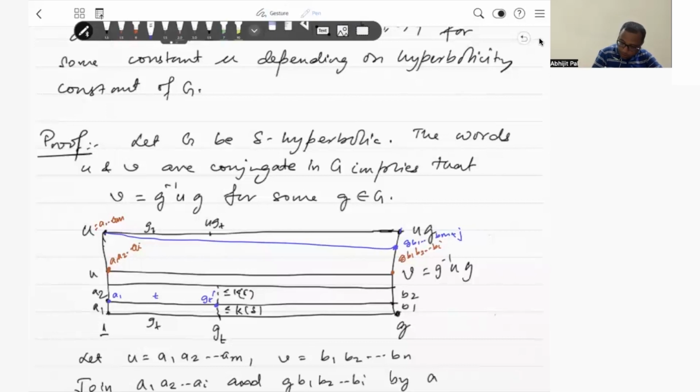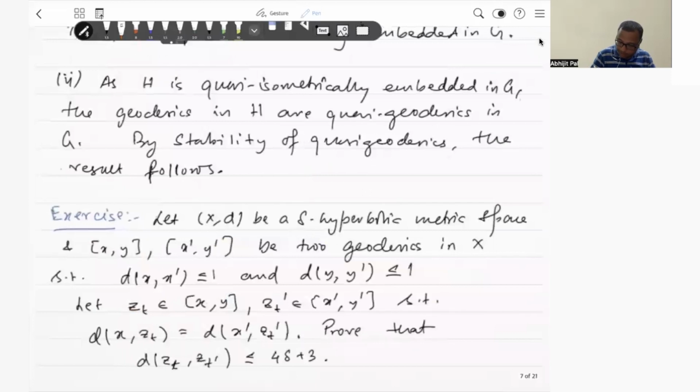If I take these two geodesics, the geodesic joining 1 and g, this one, and the geodesic joining A1 and this g B1, the distance between g_t and g_t prime will be less than or equal to K delta, where this K delta is coming from the exercise.